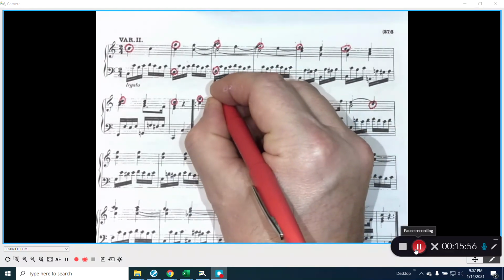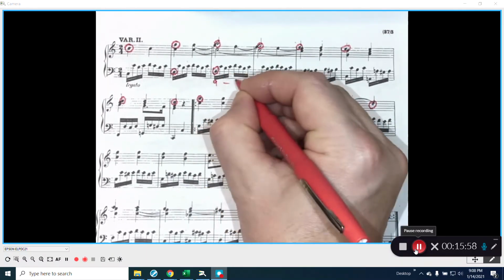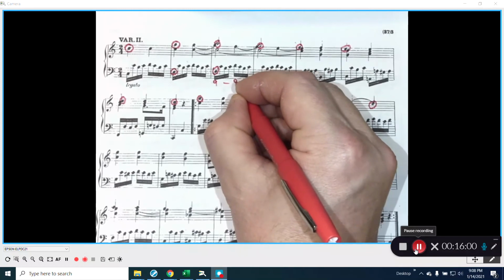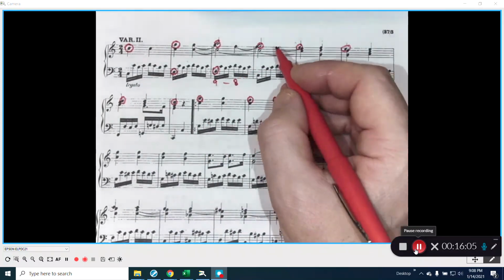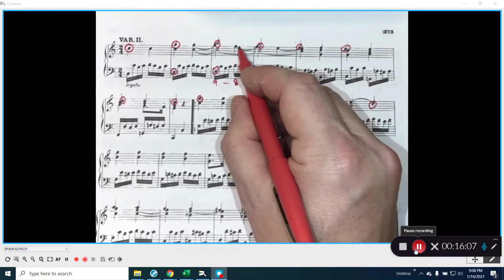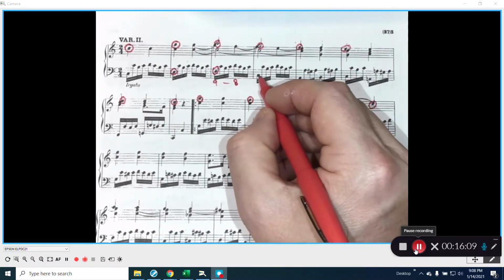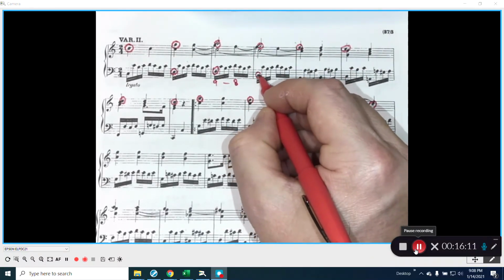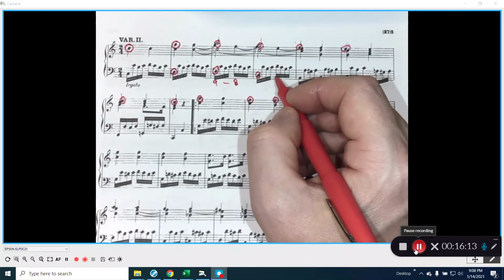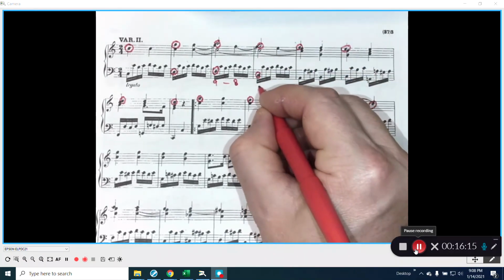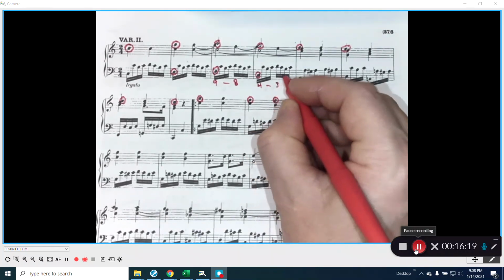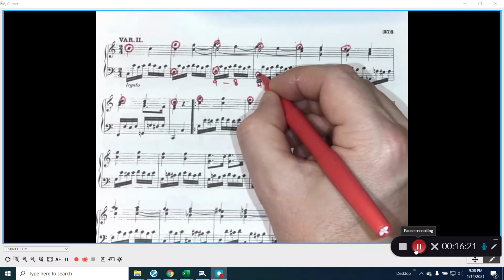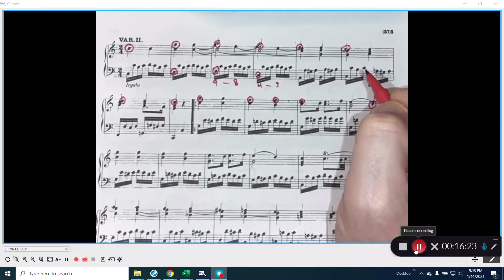And so the ninth then resolves to an octave. And then the F, which is now a chord tone, is held over. We measure that against the bass here. It's a little easier to see that. You can see that's a fourth, resolving to a third. Again, I'm taking this note and I'm pushing it back to the actual bass.